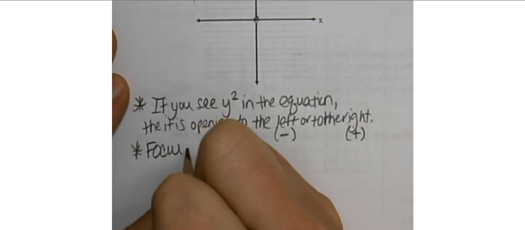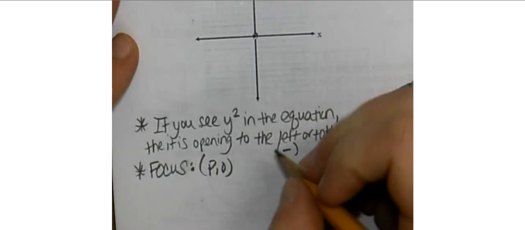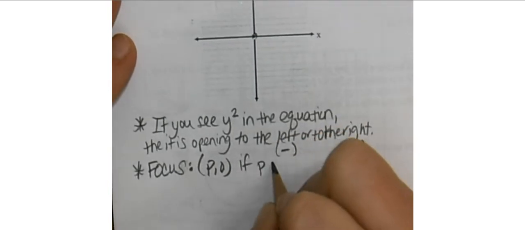So try not to overthink this too awful much, but here's what our focus is going to be. Our focus is going to be a certain ordered pair. So here's my focus. It is going to be the ordered pair p comma 0, and that happens if p is next to x.